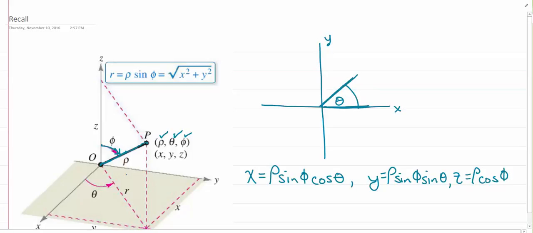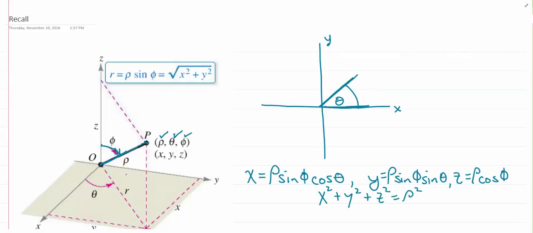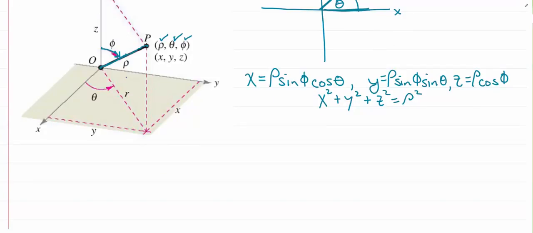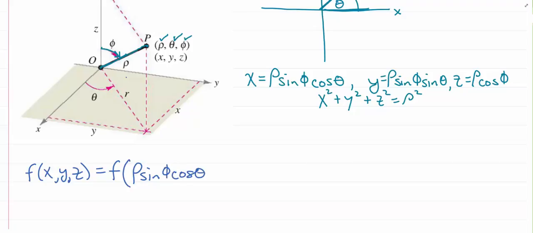So we want to remember that, and of course, remember also x squared plus y squared plus z squared is equal to rho squared. So these are just some basic facts that we need, and we're going to use those because we're going to take a function that's in terms of x, y, and z, and we want to write it in terms of our spherical coordinates. So this would be like rho sine phi cosine theta. And I guess this is a little redundant, but just to show you how this looks.